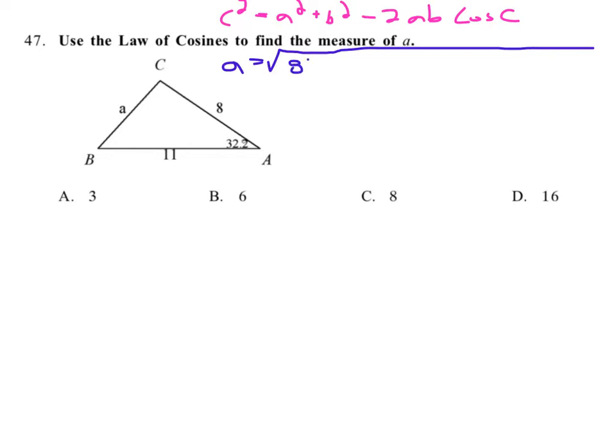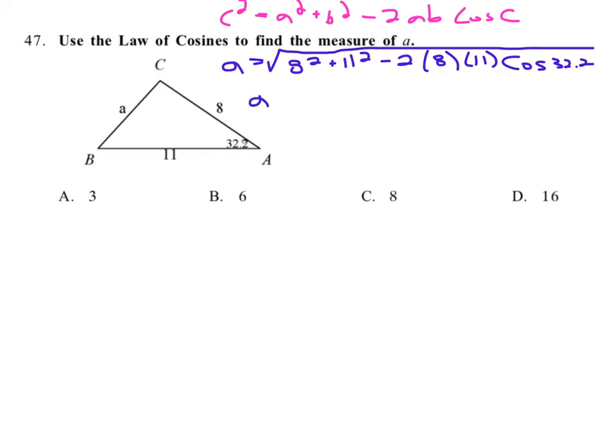So we have 8 squared plus 11 squared minus 2 times 8 times 11, which instead of putting parentheses around them, you could just hit the times button on your calculator, times cosine of 32.2.